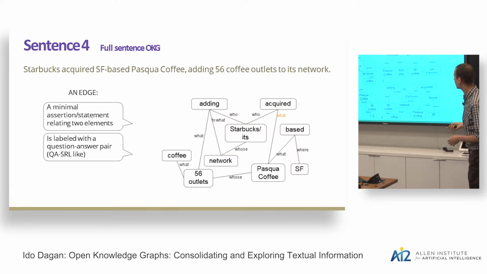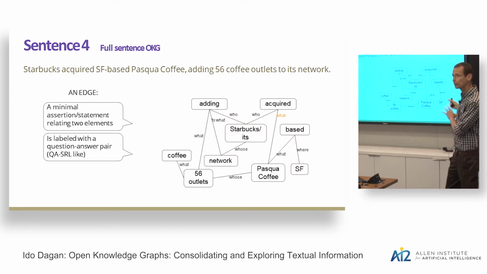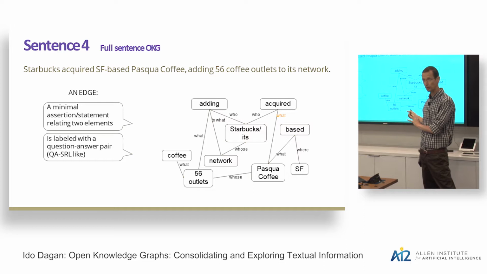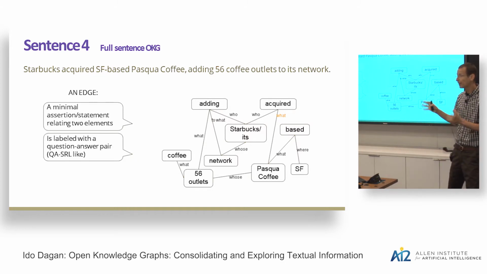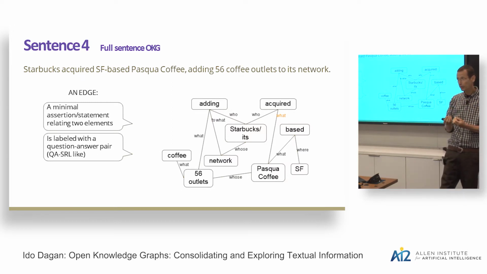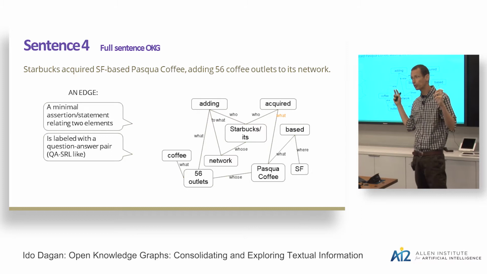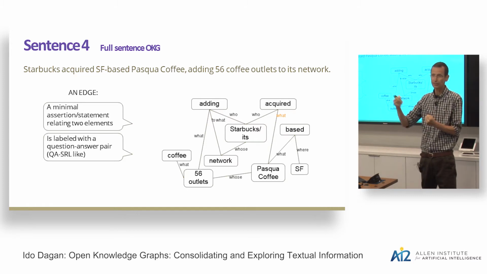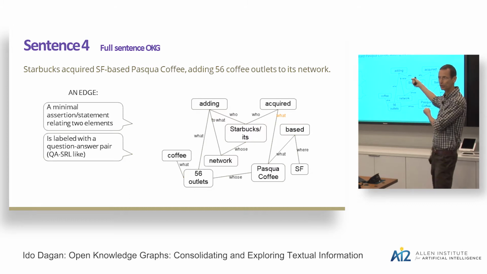So this is the representation for a single sentence. Basically, summing up, it's a graph in the style of graph-based representations, but plugging in the QA-SRL methodology to have vocabulary-free graphs where the semantics come from natural language expressions that are attached to the nodes and the edges.